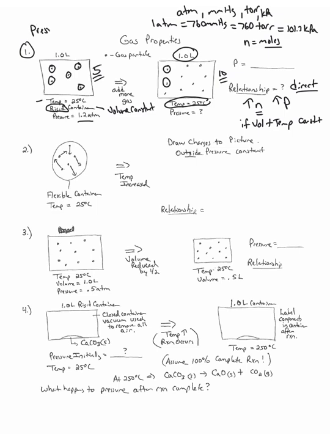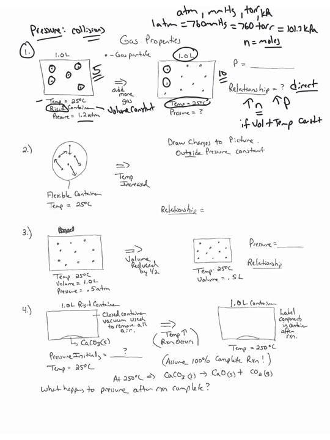When we think of pressure in this unit, you want to think of collisions: the collisions of the gas with themselves and the collisions of the gas with the walls of the container. If there are more collisions, there's going to be more pressure. And that's exactly what happens in this container.